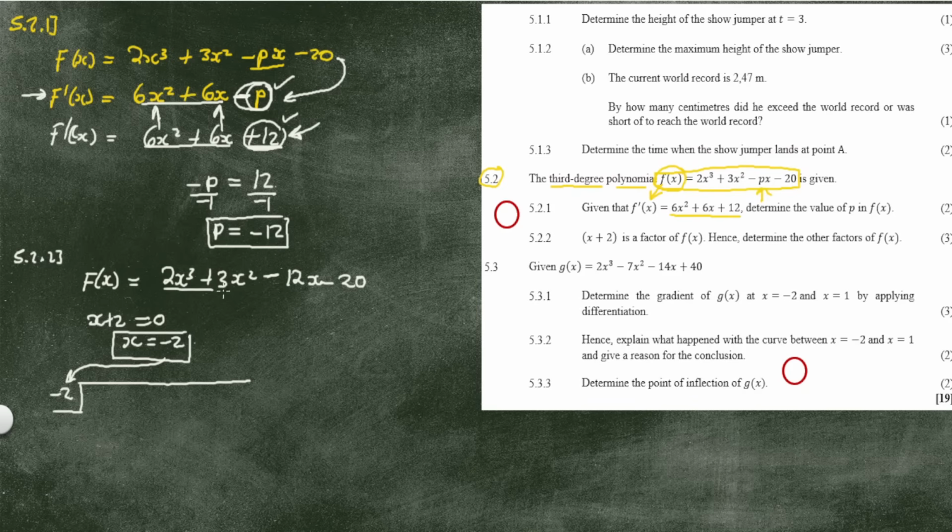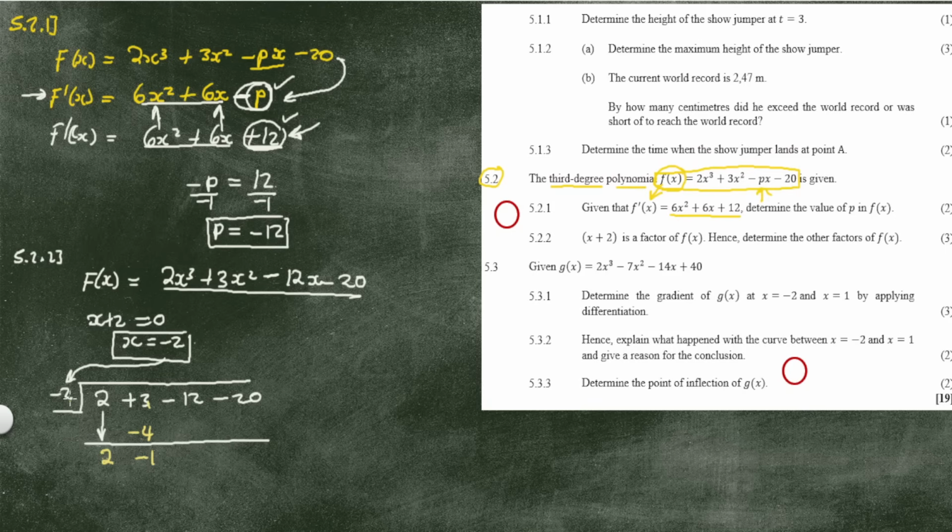And then we have this expression, which is 2, 3, minus 12, minus 20. We take this 2, we drop it. And then we take this minus 2 and times by this 2. We get minus 4. Add, we get minus 1.